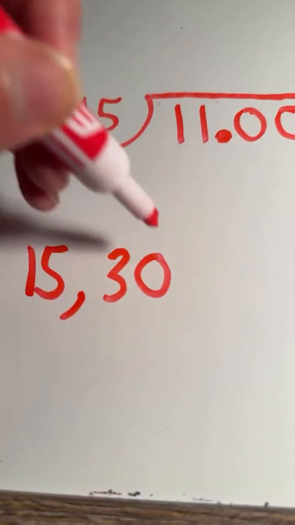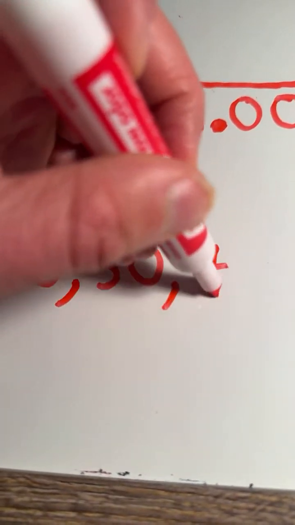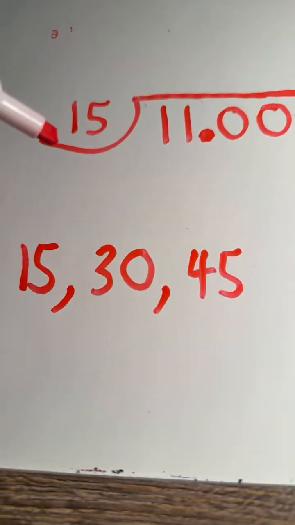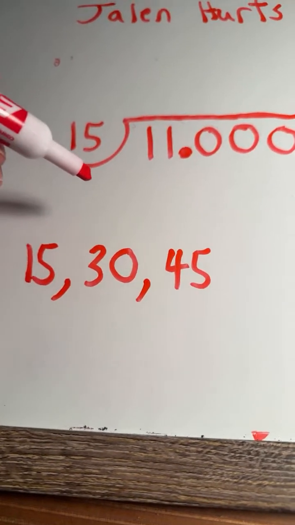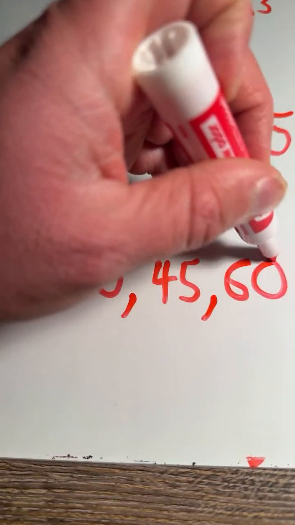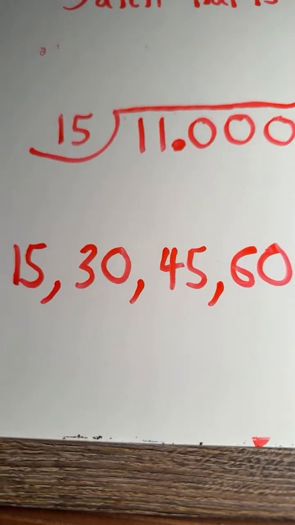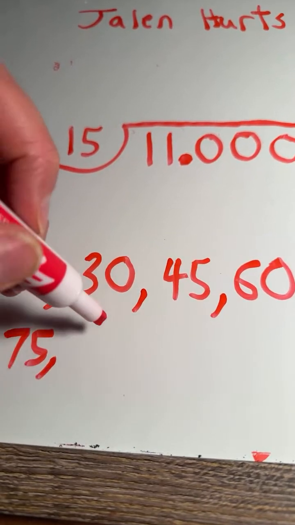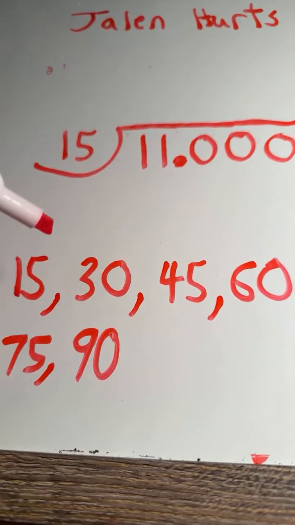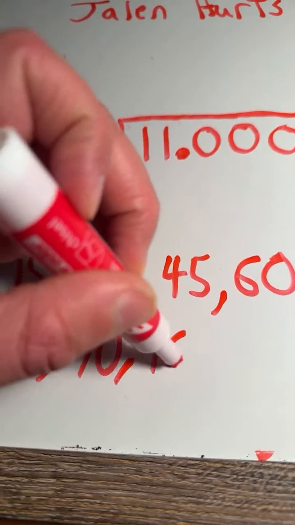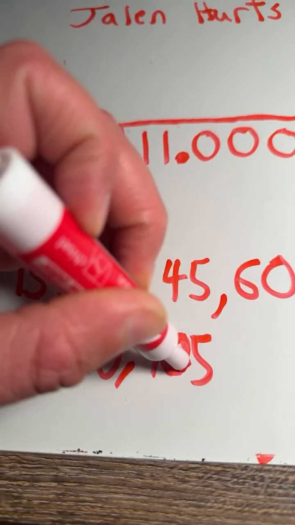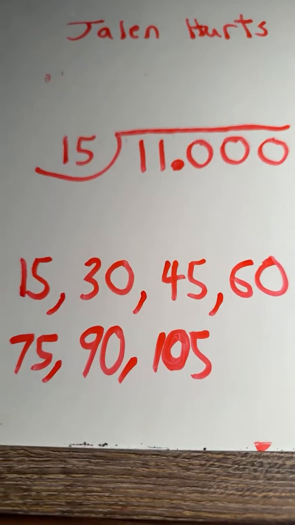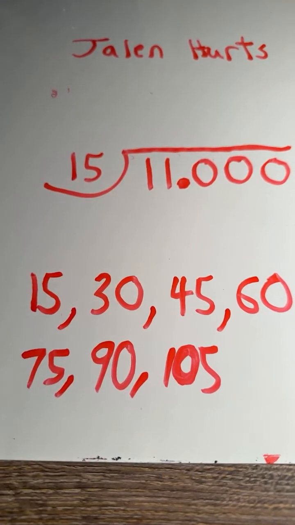30, now we have 2 groups of 15. 45, now we have 3 groups of 15. 60, now we have 4 groups of 15. 75, 5 groups of 15. 90, 6 groups of 15. 105, 7 groups of 15.